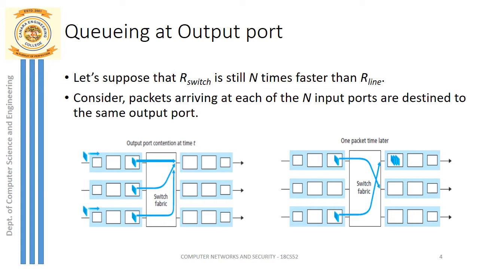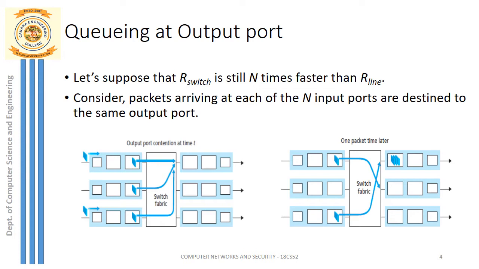That means the transfer rate of the output port and input port is n times smaller than R switch, the transfer rate of the switching fabric. And we consider that the packets arriving at each of the n input ports are destined to the same output port.